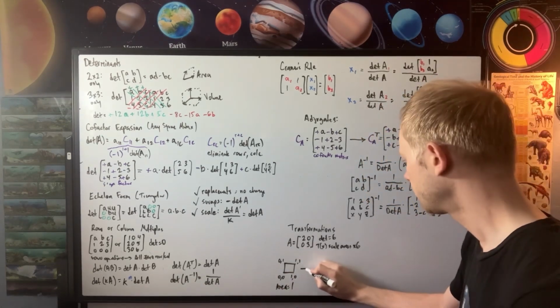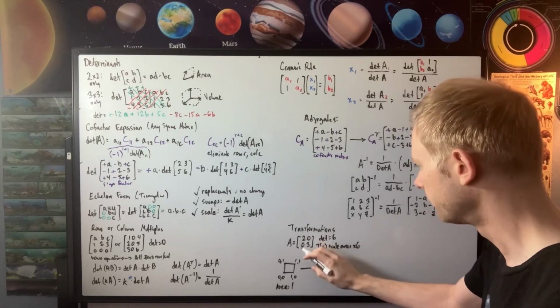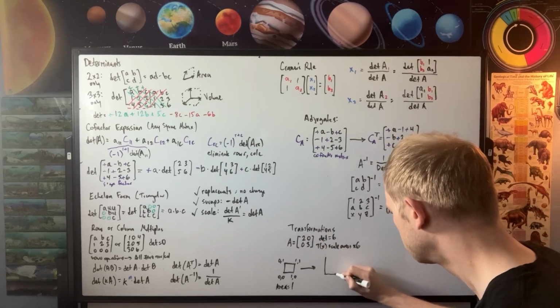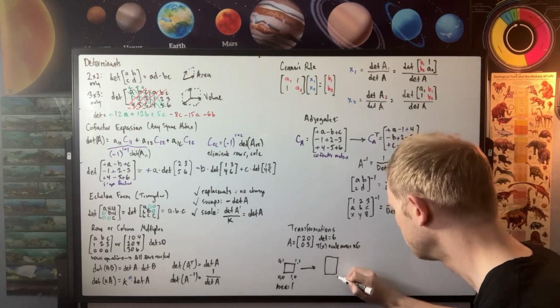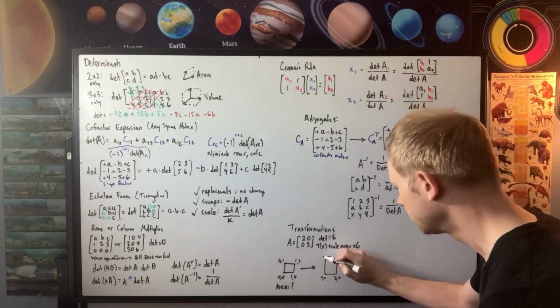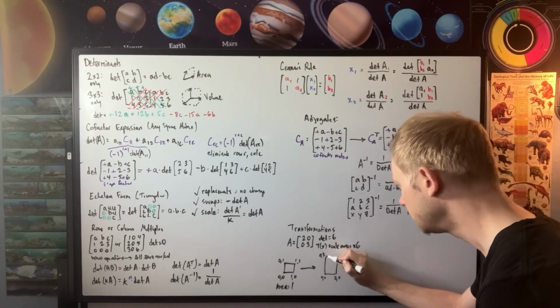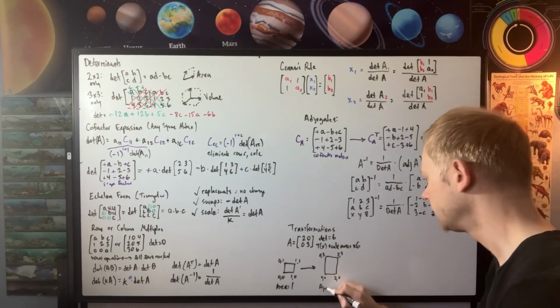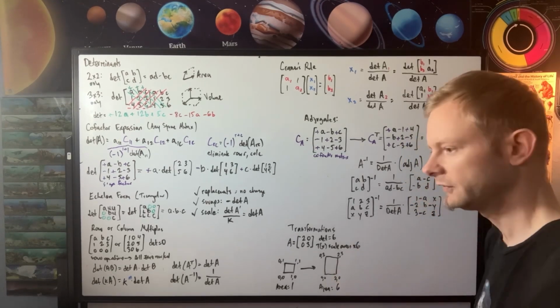But if we were to try to apply a transformation here with this matrix, then we would get something more like this. It's going to be like, maybe here's 0, 0, but here it would be 2, 0, yeah? And then over here we would get 0, 3, and then here we would get a 2 and a 3. So you can see that the area here is equal to 6.